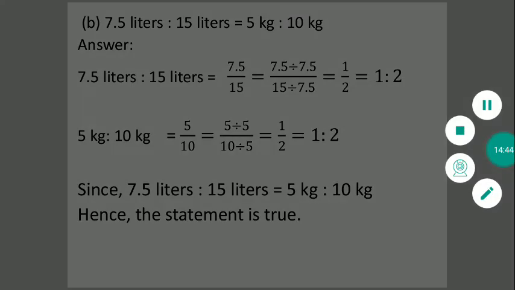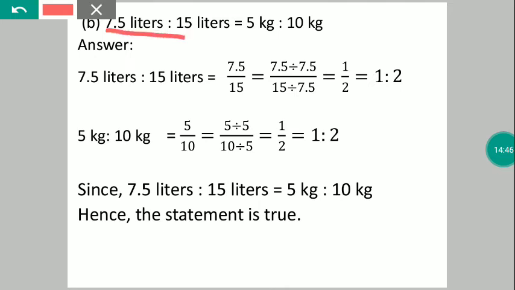Now B, 7.5 liters is to 15 liters equal to 5 kg is to 10 kg. We have to check whether these two ratios are the same or not. Now 7.5 liters to 15 liters. So 7.5 upon 15, divide numerator and denominator by 7.5, you get the fraction 1 upon 2.